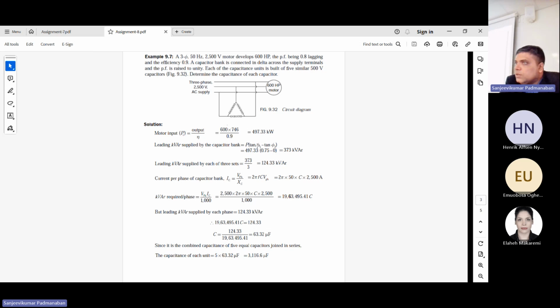You calculate like the previous one. To find phi 1, cos phi 1 equal to power factor, so phi 1 is cos inverse of your power factor, which is 0.8. Then you find the tan, and you'll get 0.75. Please verify.